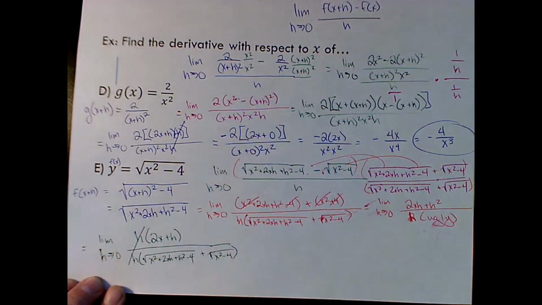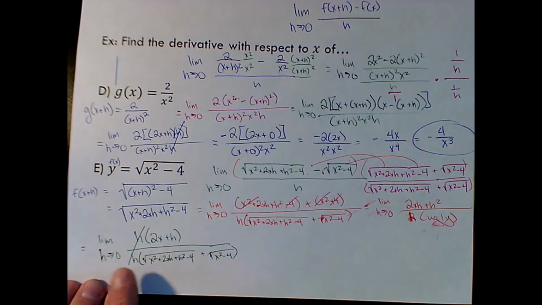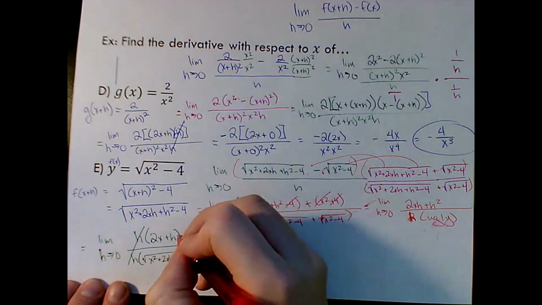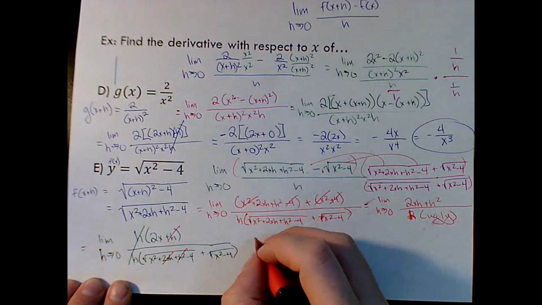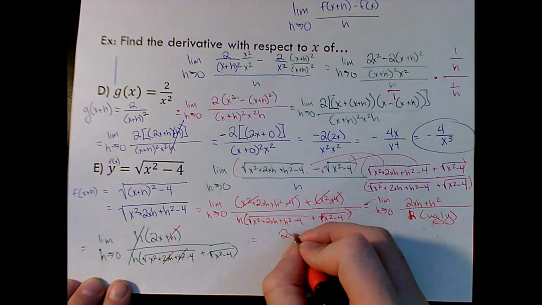I can now cancel out the h's, and I can now plug in 0, and 0 won't make the whole thing go away. So if I plug in the 0 for h, the h terms disappear, and that leaves us with 2x on top.